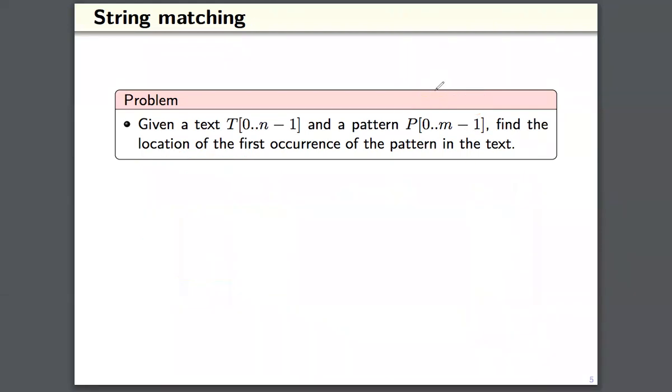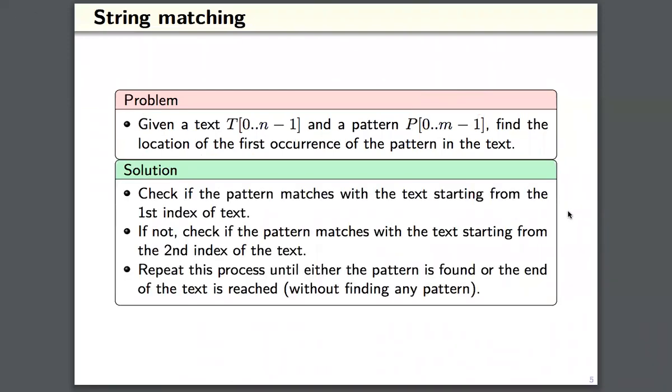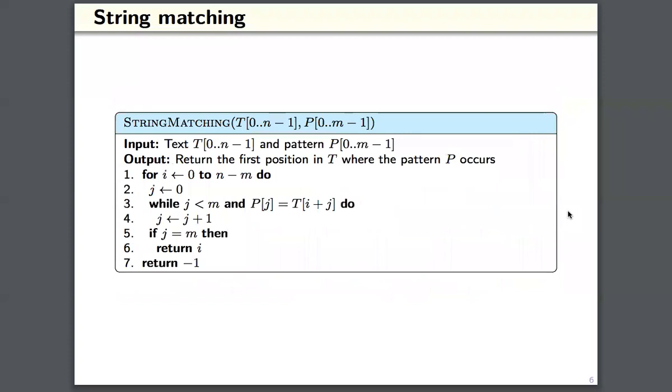Yes. That's your exhaustive search algorithm, right? Check if the pattern matches with the text starting from the first index. Else, check if the pattern matches with the second index of the text, and so on. Here is the pseudocode.